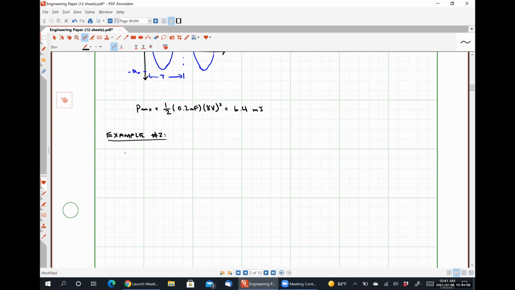So let's say that we have that same 0.2 millifarad capacitor, and we pass a current, or we observe a current, IC of t equal to 8 e to the minus 100t milliamps for t greater than or equal to 0 plus, and I'll explain what I mean by that in a moment.